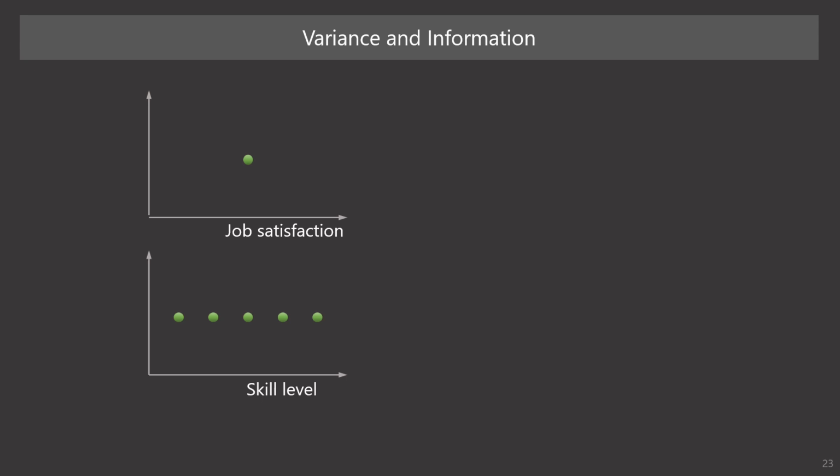Let's consider it using an example. For simplicity, let's consider an extreme case. Suppose we have data of 5 employees' job satisfaction level, skill level, and individual job performance. And suppose we want to predict individual performance using job satisfaction and skill as predictors.